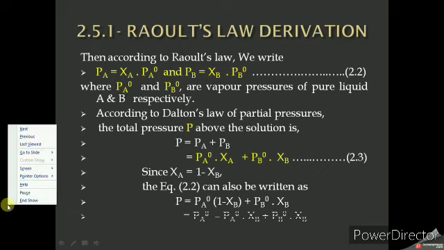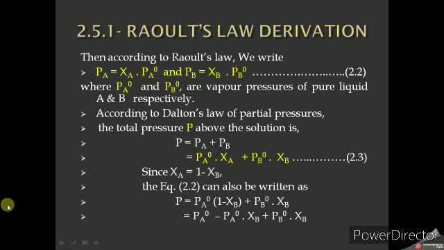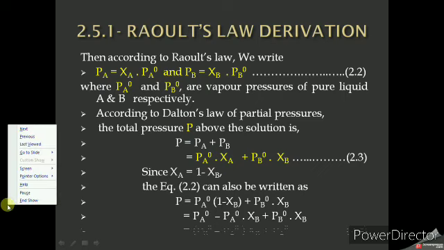Then if we rearrange that equation, what we get? If we multiply PA0 in the bracket, we get PA0 minus PA0 into XB plus PB0 into XB. Now take XB, which is common, outside the bracket.